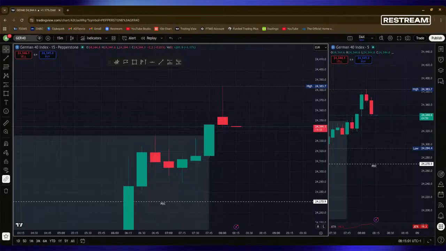Okay, so the first 15 minutes has closed red after a strong first 5 minutes.